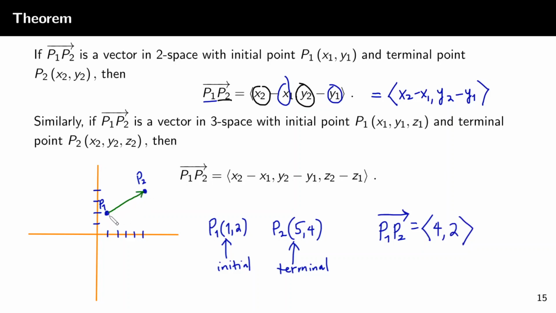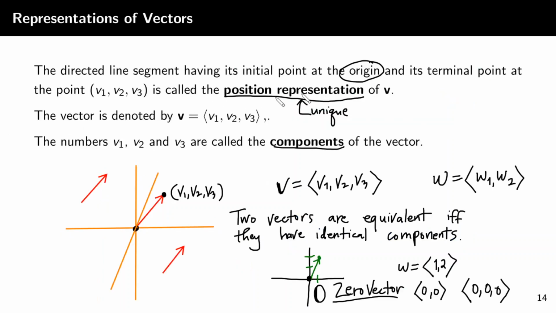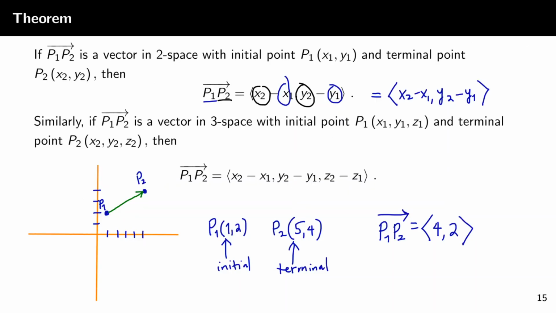Ayan. So we know that this is not the only representation for this vector. Pero yung position representation niya will be the vector na nagsisimula sa origin. And that will be the vector with components 4 and 2. So nasan yun? 1, 2, 3, 4, and 2.